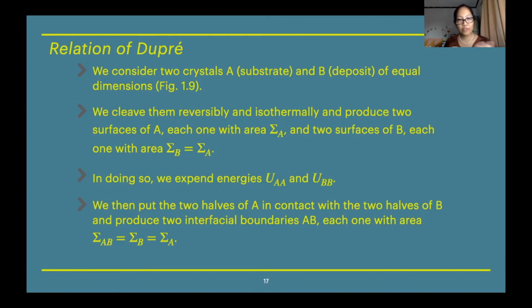And each of these interfacial boundaries has an area denoted by sigma sub AB, which is also equal to the areas of crystal A and crystal B.